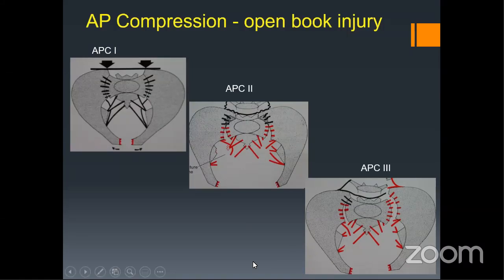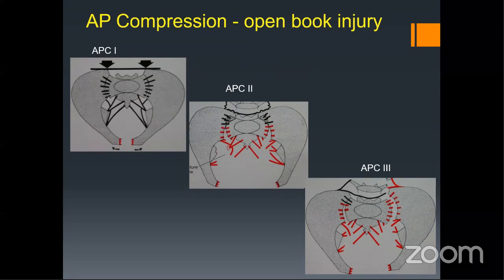So the APC I is where the stronger ligaments at the back of the pelvis, the anterior sacroiliac and the pelvic ligaments, are still intact, and the symphysis pubis is disrupted. The APC II is where you get a slight springing open of those anterior ligaments of the posterior group.